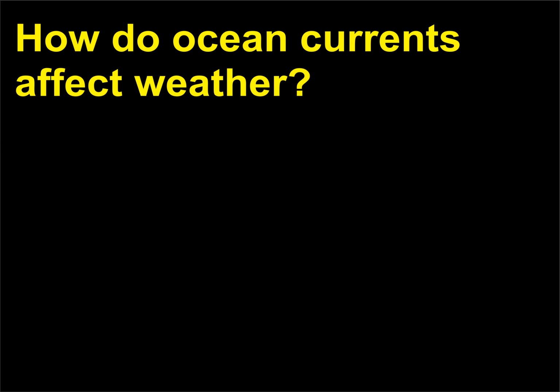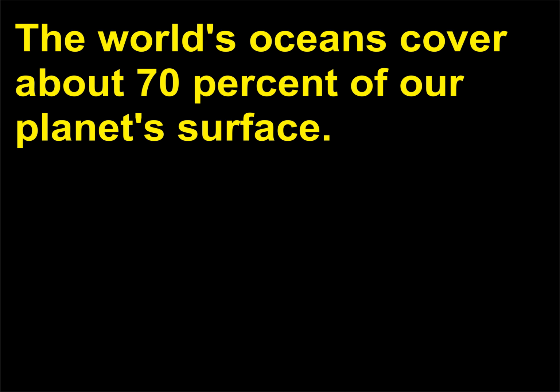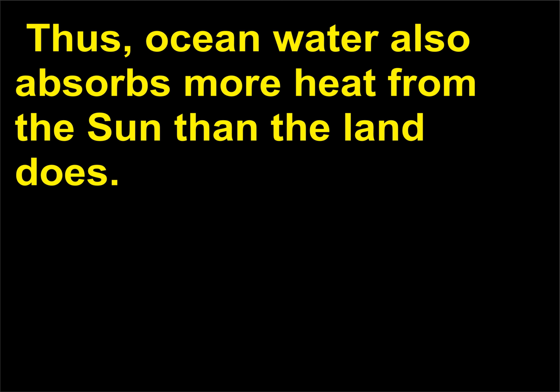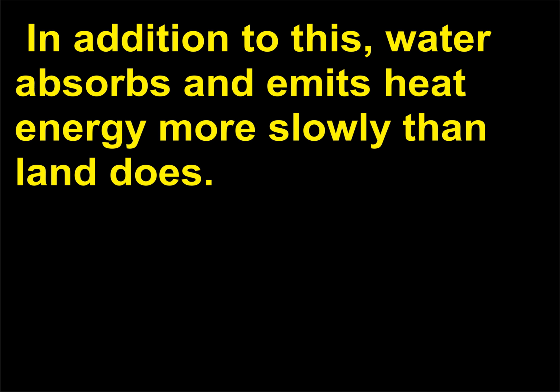How do ocean currents affect weather? The world's oceans cover about 70% of our planet's surface. Thus, ocean water also absorbs more heat from the sun than the land does. In addition to this, water absorbs and emits heat energy more slowly than land does.